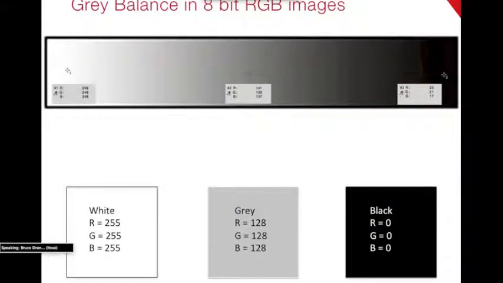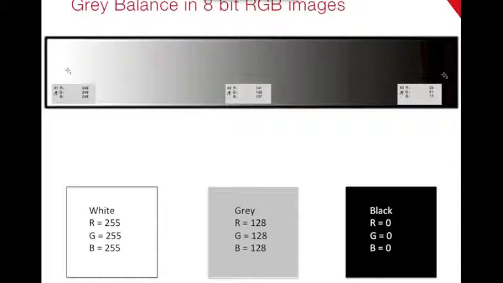Because we now don't have a full spectrum, we used to have red, green and blue, our grey balance is comprised of just red, green and blue. So for our white light, we have 255, 255, 255. At black, 0, 0, 0, no light at all. And in the grey, we see an even balance.